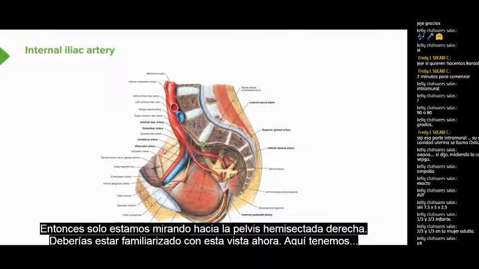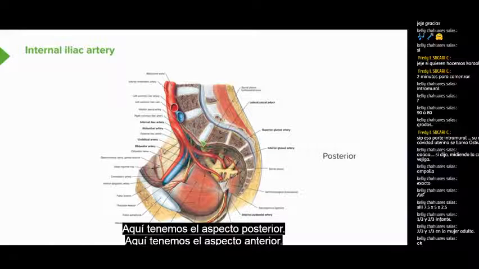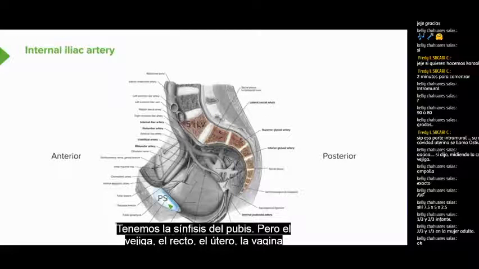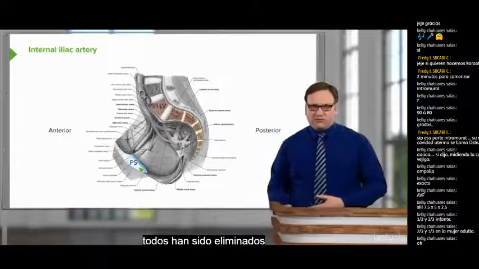You should be familiar with this view now. Here we have the posterior aspect, here we have the anterior aspect. We can see we've got the sacrum, we've got the fifth lumbar vertebra here, we've got the pubic symphysis. But the bladder, the rectum, the uterus, the vagina have all been removed.